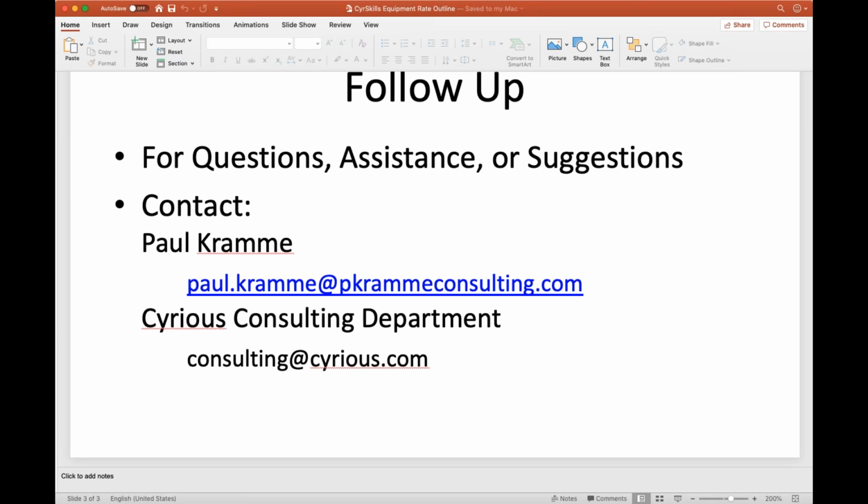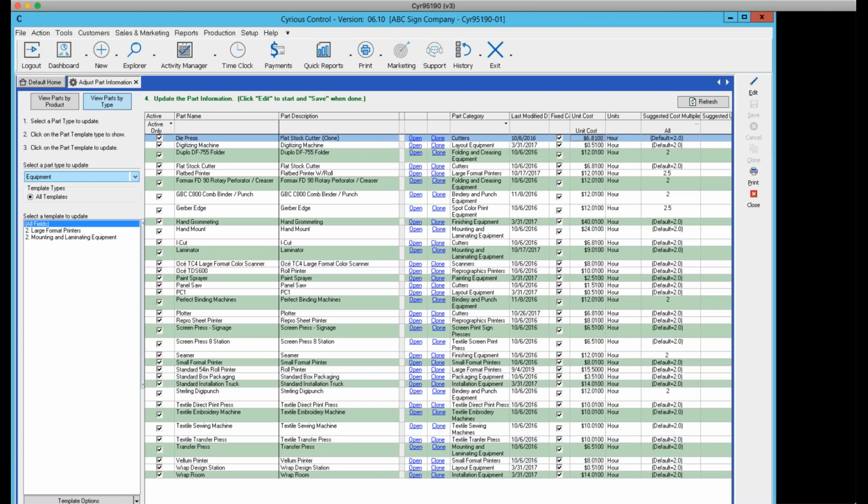For example, in the database that I've got for control, let me go back to it. There's one particular machine in there. I think there's a couple. For some reason, this flatbed printer is set up at 2.5. The Gerber Edge thermal printer was set up at 2.5. The rest of them are using the default value of 2.